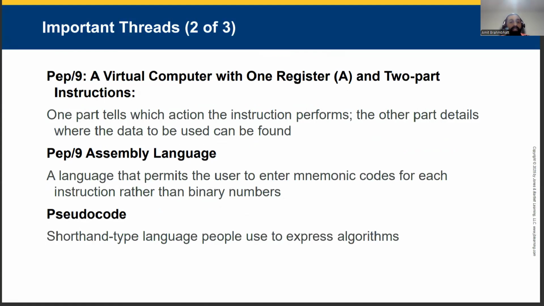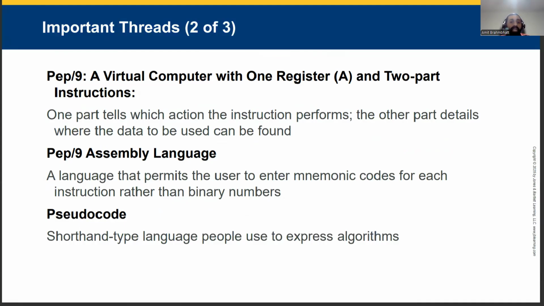Here we summarize the PEP9 environment. PEP9 is a virtual computer with a single accumulator register and instructions divided into two parts, one describing the action and another describing where the data is located. PEP9 assembly language allows programmers to use mnemonic codes instead of raw binary, making programs far easier to write and understand.